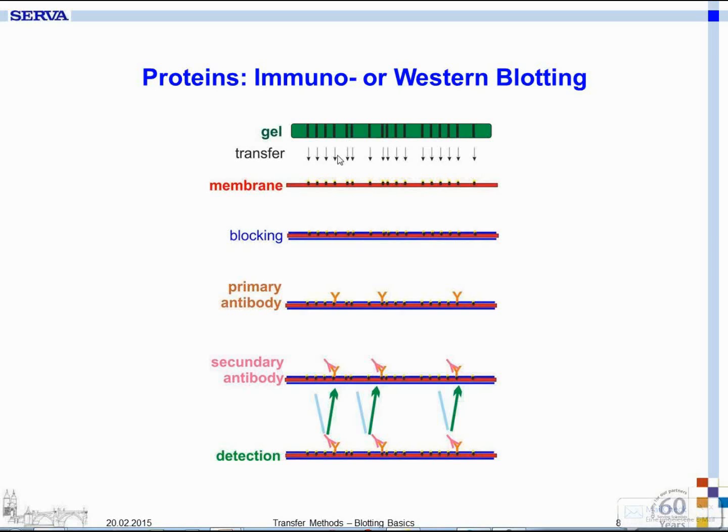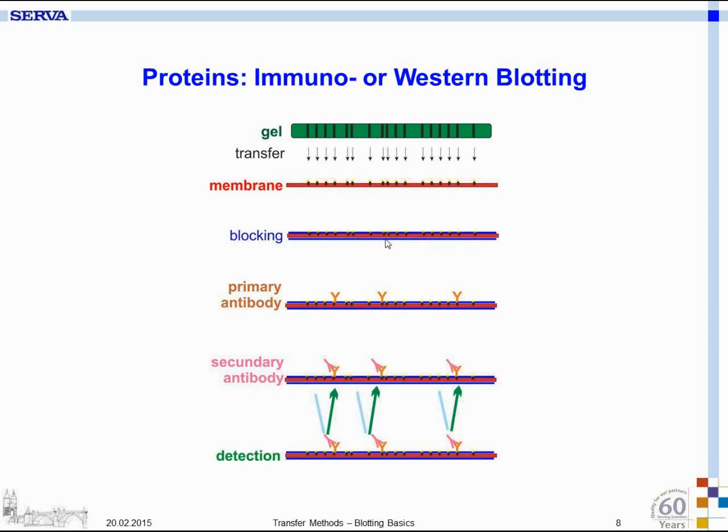There are also cases where electrophoretic transfer might not be the optimum. I will talk about this a little bit later in some separate slides. So now the membrane has a high affinity to macromolecules. They stick to it. Before you probe with another macromolecule, like the primary antibodies for detecting your specific proteins, you have to block the background, the non-used background.